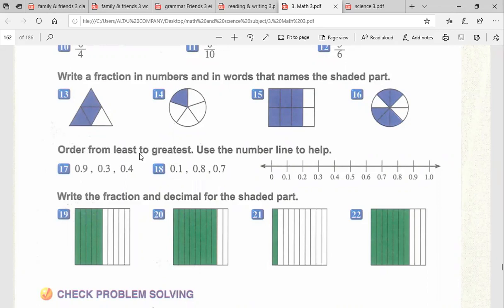And I told you guys before that least means lowest, okay, to highest. So we start from 0.1. Then after that, 0.3.